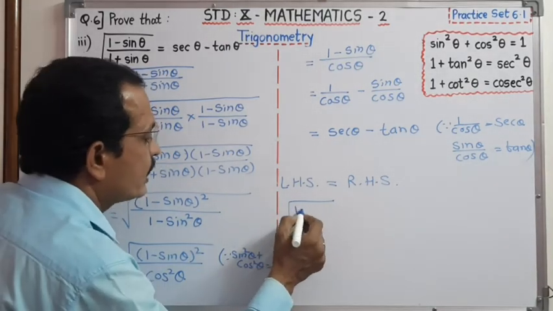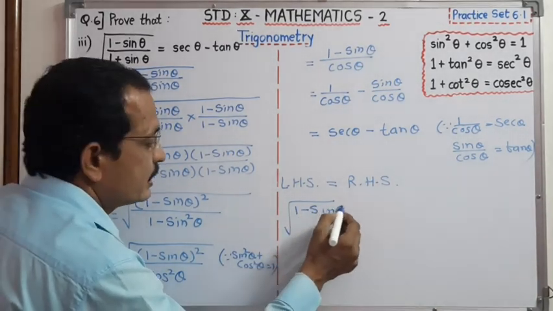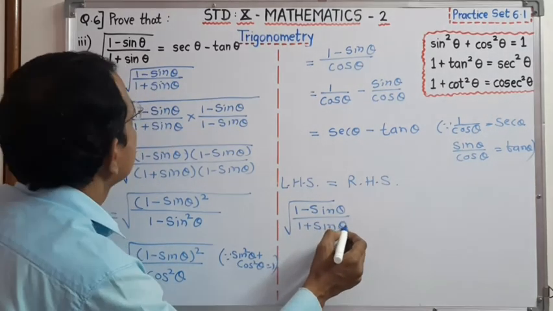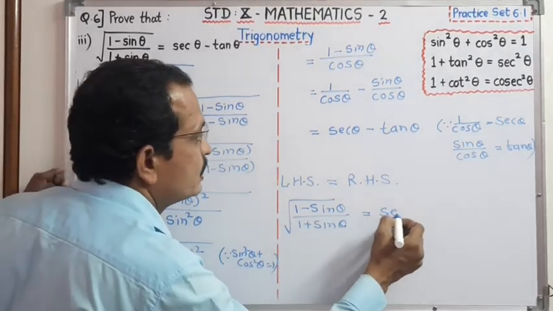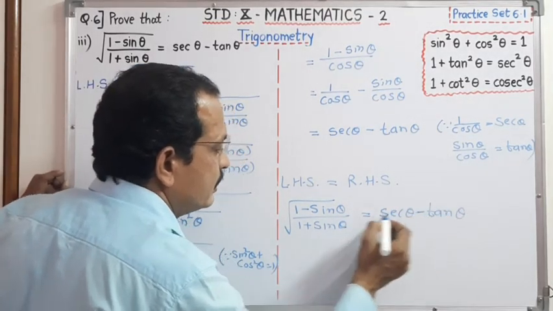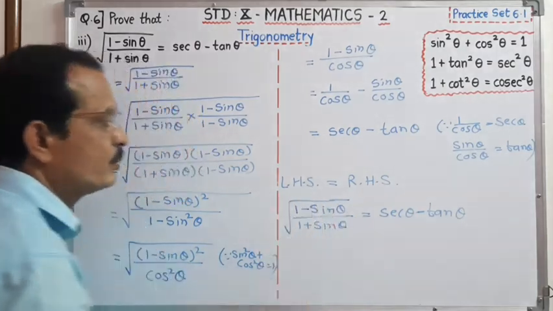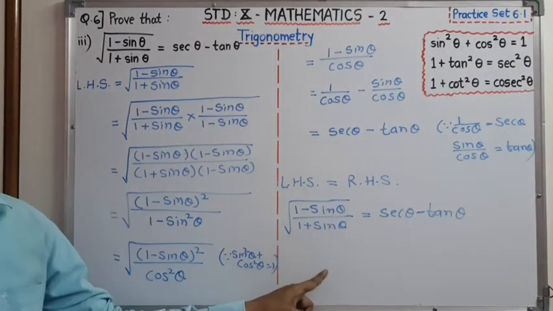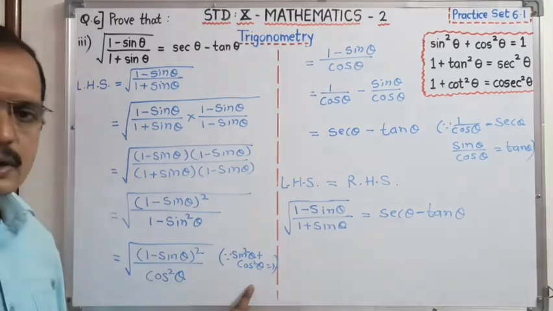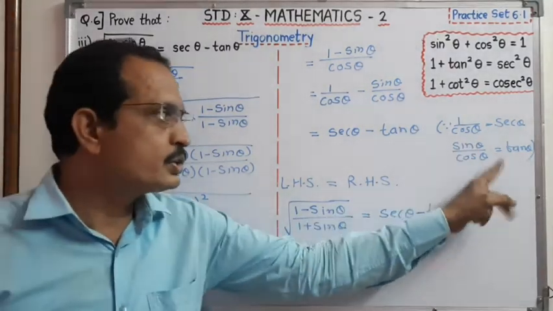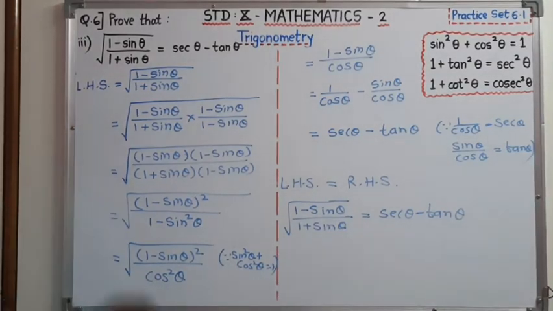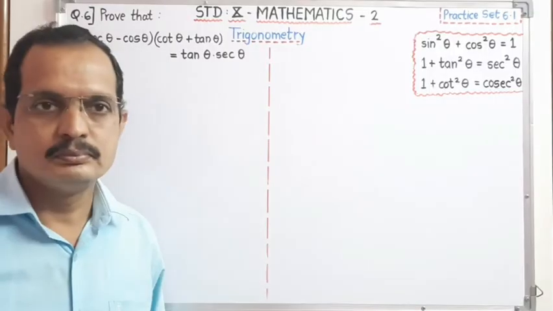You must write this: 1 minus sin theta upon 1 plus sin theta is equal to sec theta minus tan theta. Dear student, it is important that you must write this last step. Very simple. Here we use sin square theta plus cos square theta and these two formulas, then it is easy to solve. Now we have to start with the fourth one.